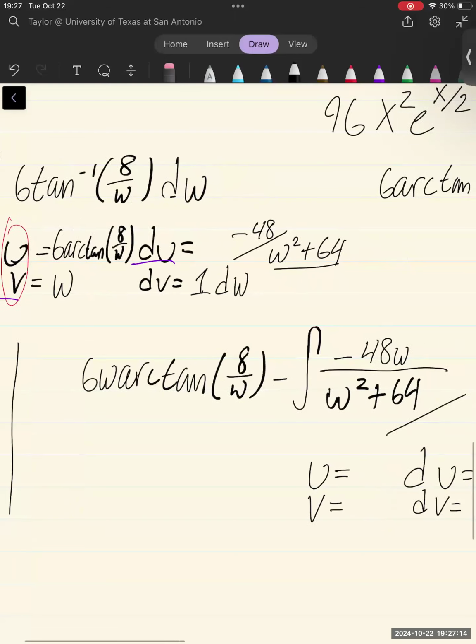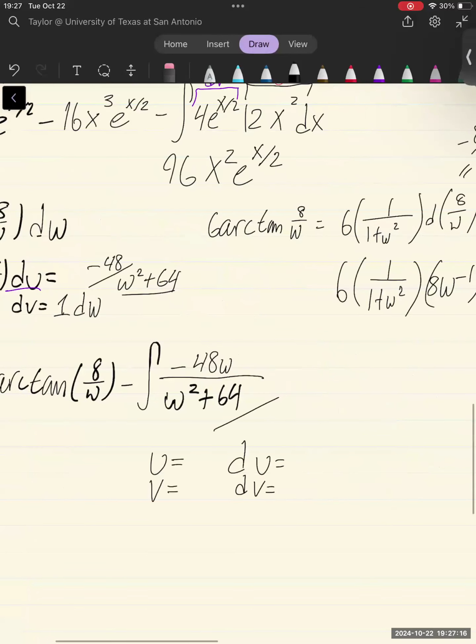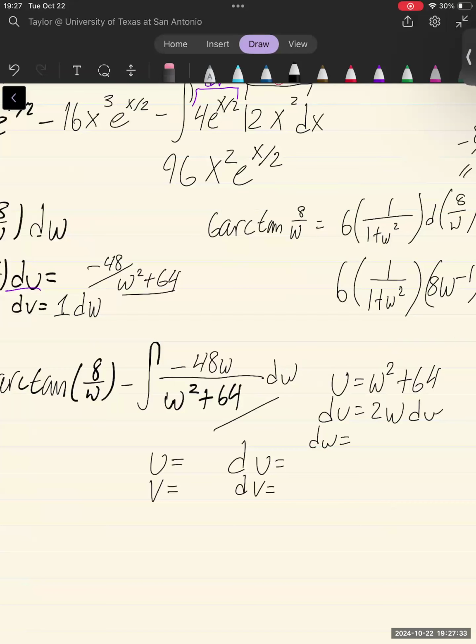Recording. Substitution. Go for it. Walk me through it. u is equal to w squared plus 64. So then du equals 2w dw. Yes. So dw equals du over 2w.